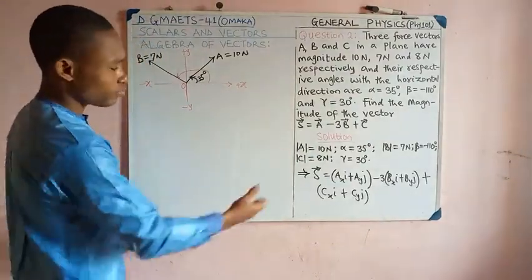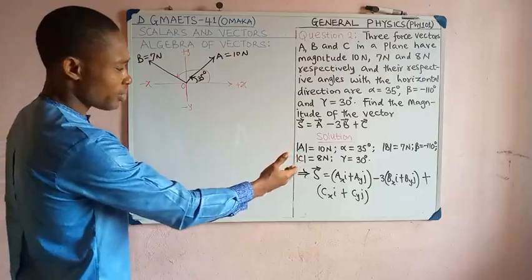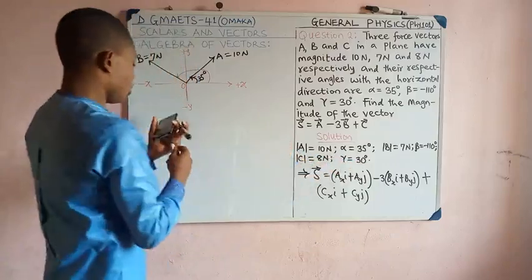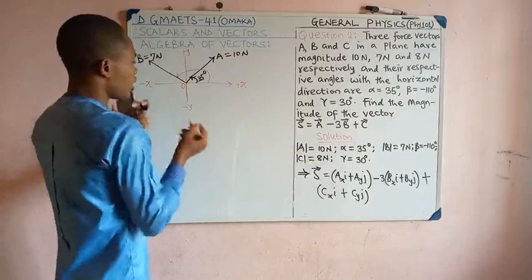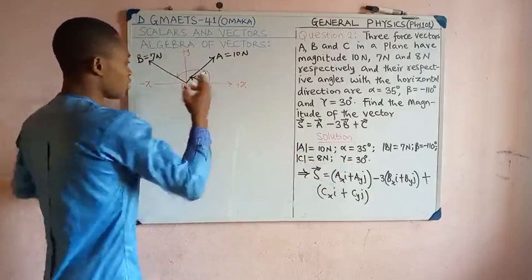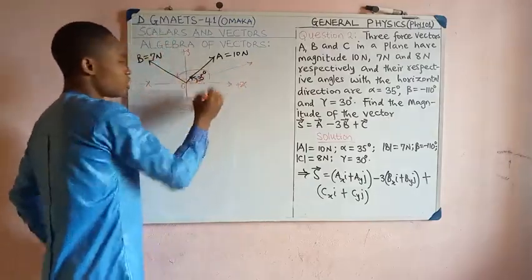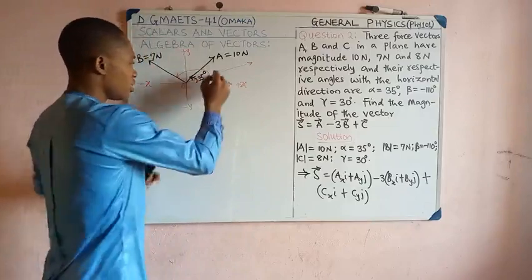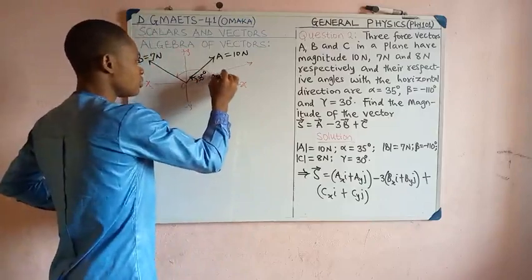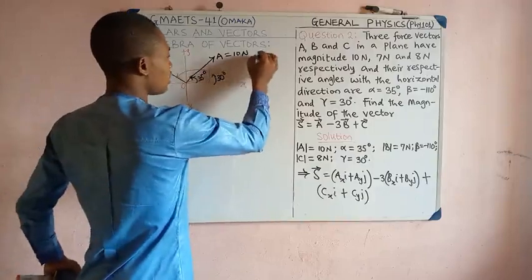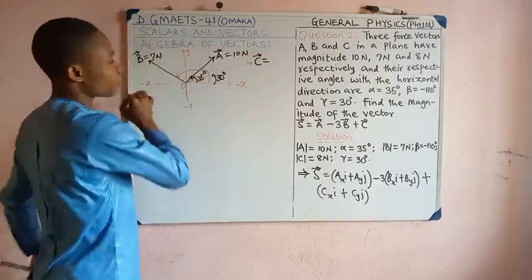Then the last one is what? The last one, how many degrees? C. 30 degrees from the horizontal. Which means I will come over here, and then maybe I'll draw something like this. Let me use red marker to superimpose it in this. 30 degrees will go this way. Is that not so? So this is going to be 30 degrees. Then this vector C there. So I have ABC.